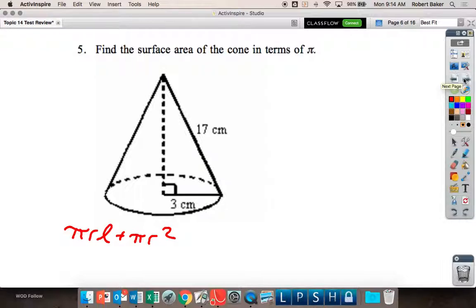Find the surface area of the cone in terms of pi. So everything, multiply by everything but the pi, or you can multiply it all out as a decimal and take the pi out at the end. So it's pi RL plus pi R squared. I have an R value and I have an L value. So we just plug those numbers in where they're supposed to go.